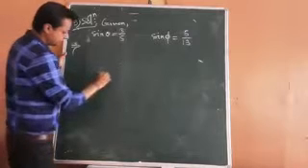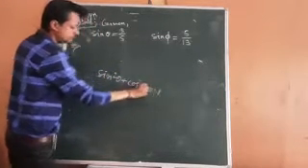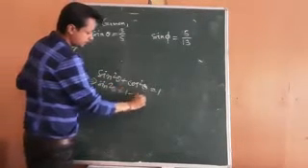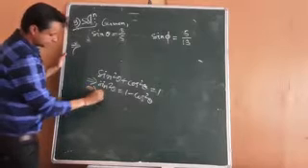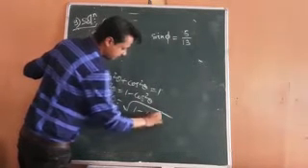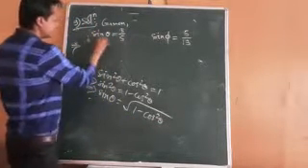Now sin theta, you already know sin square theta plus cos square theta equal to 1. Sin square theta equal to 1 minus cos square theta. Sin theta equal to square root of 1 minus cos square theta.